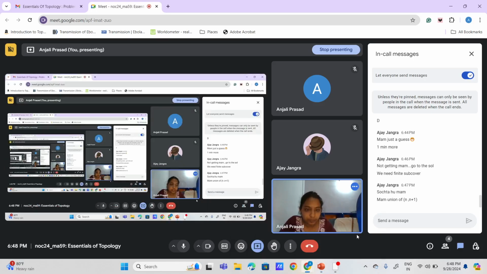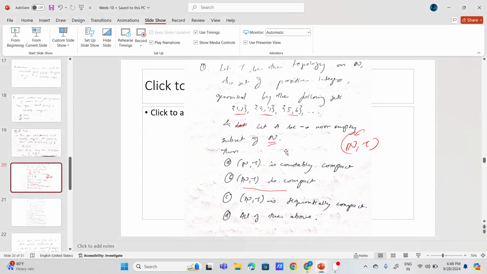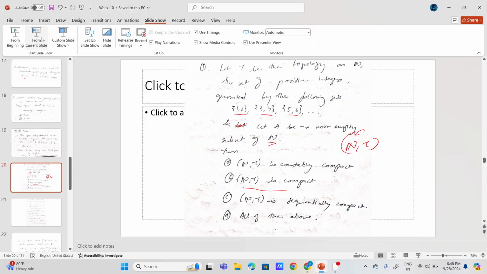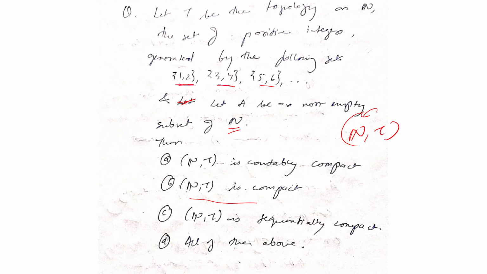Yes, union of {n, n+1}, like what we have been given here also, that is {1, 2}, {3, 4}, like this, right? So this will form an open cover, right? So can you get a finite subcover for this so that it covers the natural numbers? No, right?